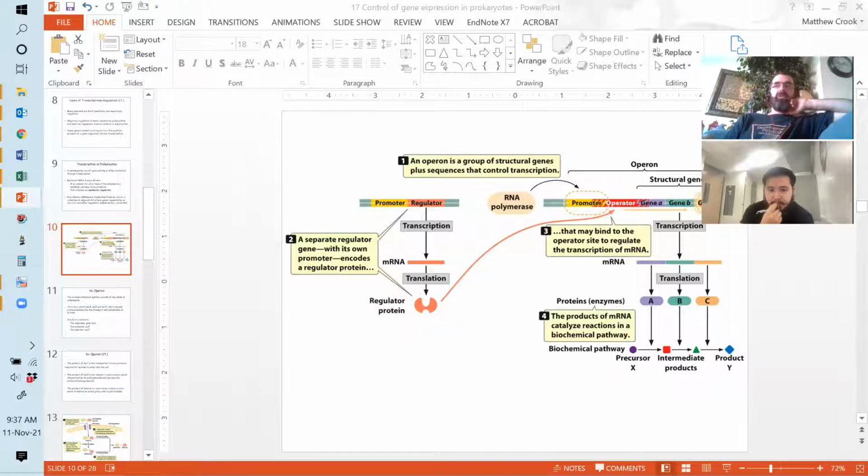Same question, now different context. So this is a repressible system. So the outcome is that the operon is turned off. It is repressed. Now, is this a yes or a no? No. Yay, good job, everybody.